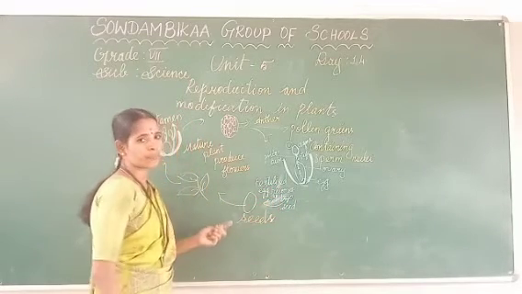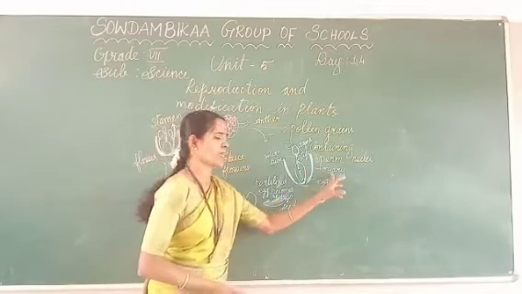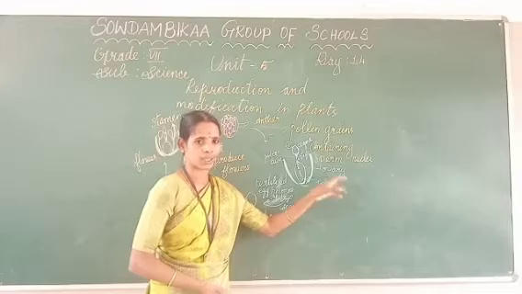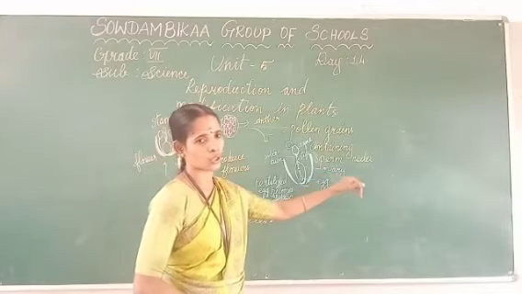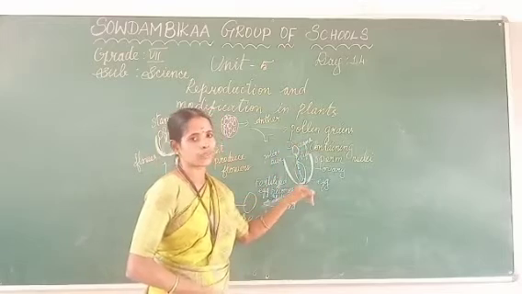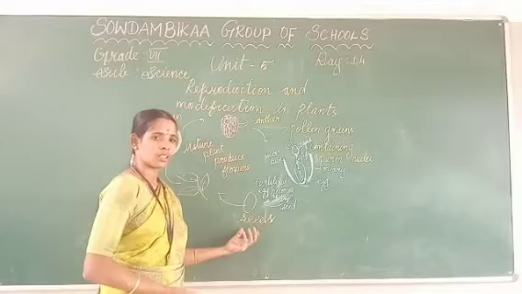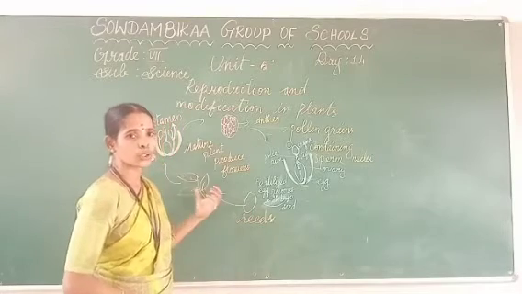The embryo becomes the seed. Okay, are you clear about this? After fertilization, the ovary is converted into a fruit. Inside, the ovule is converted into seeds. The seeds then grow again into a new plant.